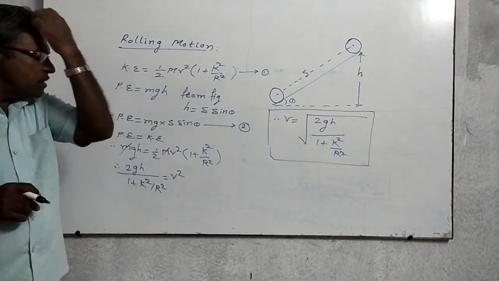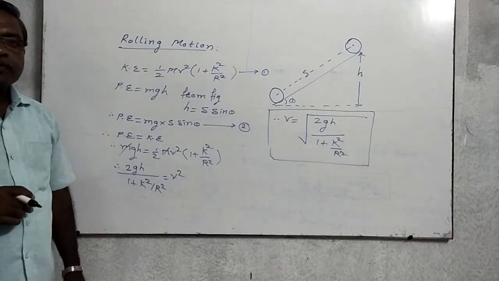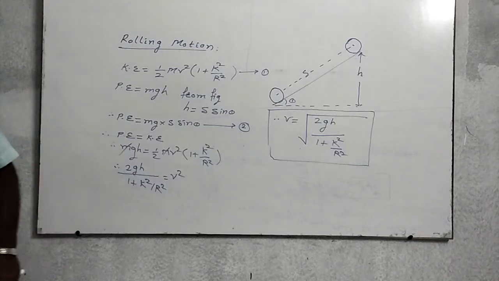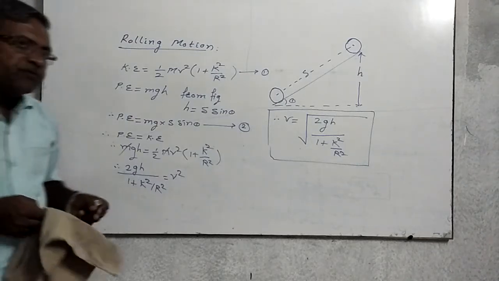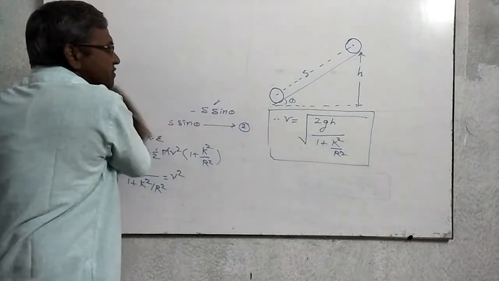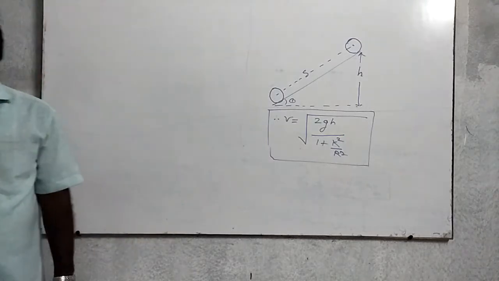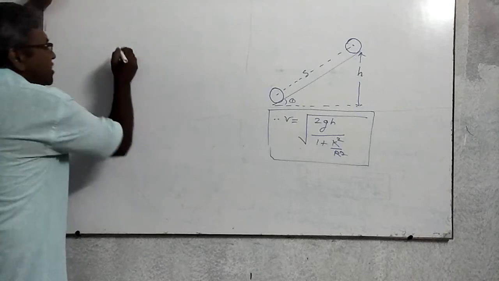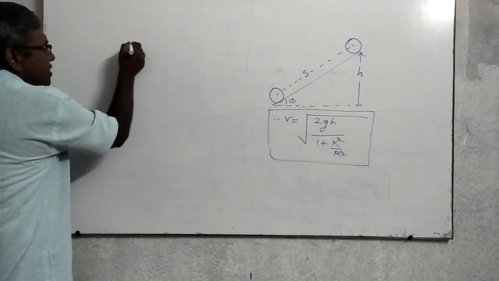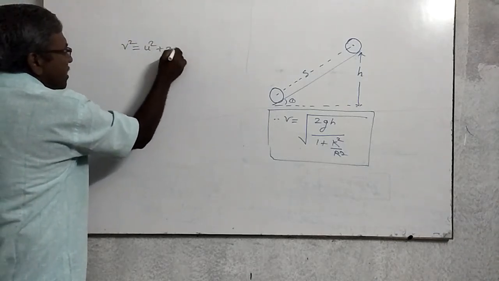Now again we have to find the equation for linear acceleration. For this purpose we use the third kinematical equation: v square is equal to u square plus twice as.